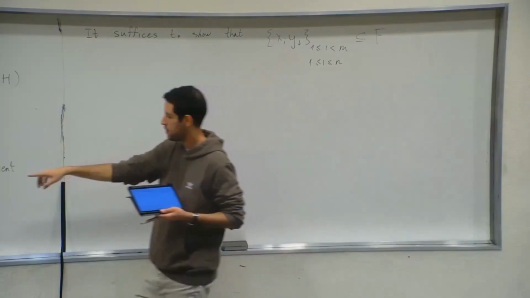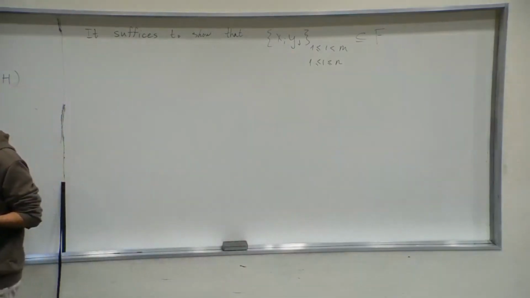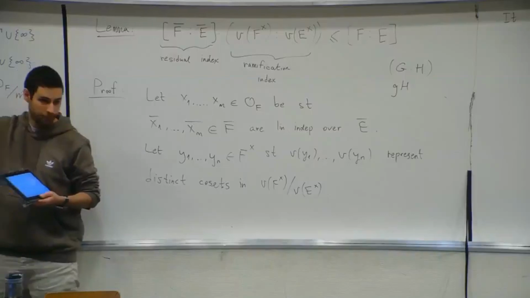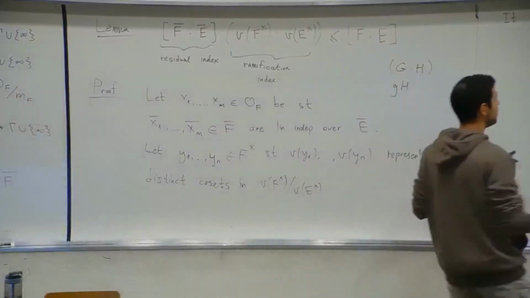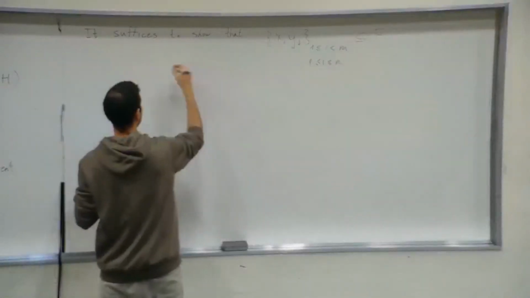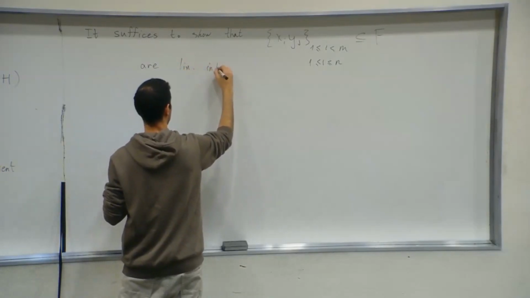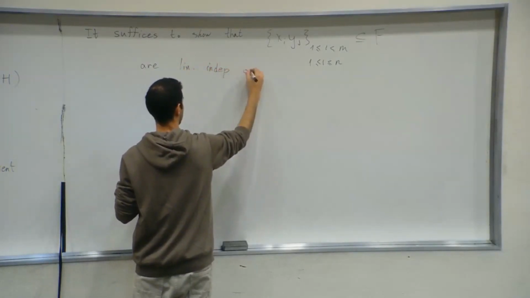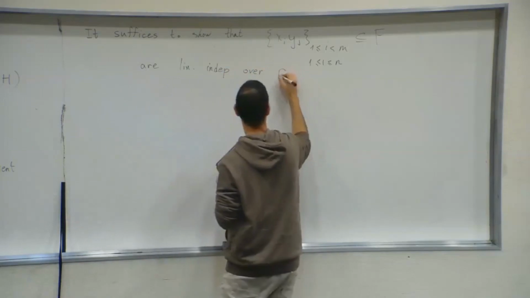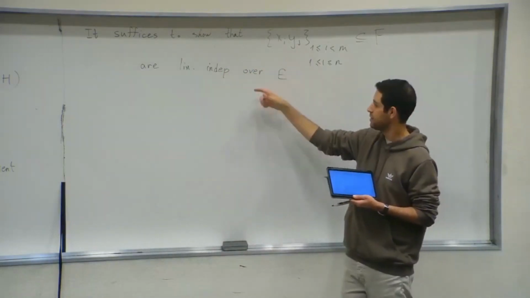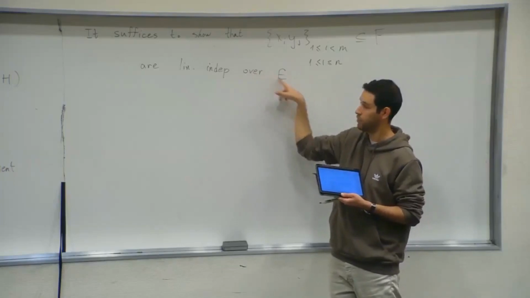Every y is in F, and every x is in O_F, and O_F is contained in F. These elements are linearly independent over E. So it suffices to show that if we take all these products, we get a linearly independent set over E.